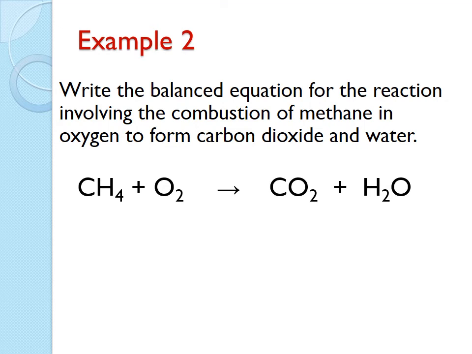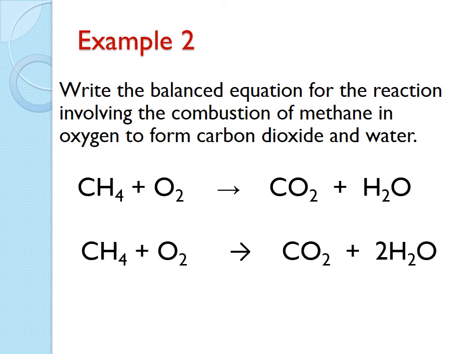Let us go ahead by balancing number of hydrogen atoms. For that, we are going to multiply right hand side water with the help of 2. And if we do this, we get this result. Now what we observe, number of carbon atoms and number of hydrogen atoms on both sides are equal, but still number of oxygen atoms are not balanced.